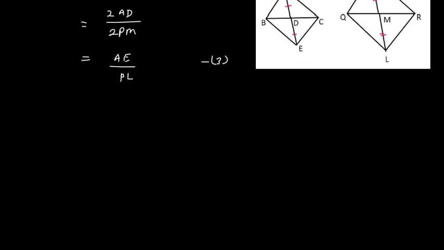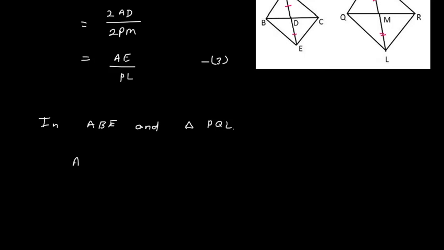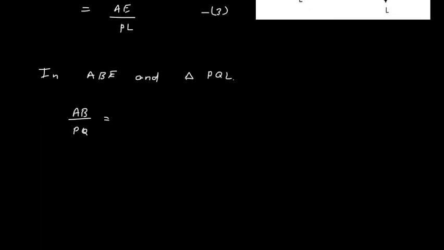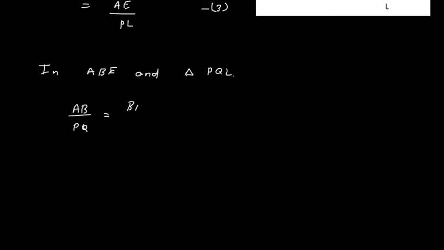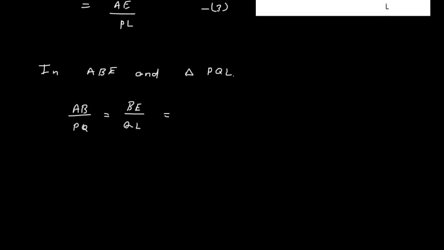Now in triangle ABE and triangle PQL, we have AB upon PQ is equal to BE upon QL is equal to AE upon PL.